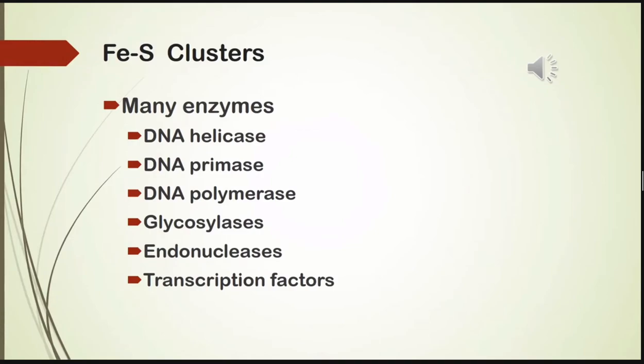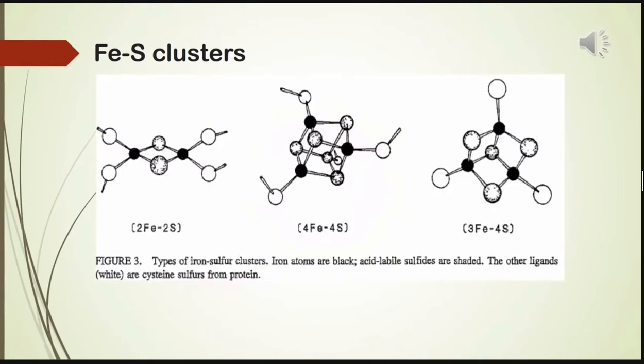Many enzymes like your DNA helicase, DNA primase, DNA polymerase, your glycosidases, and endonucleases and transcription factors would contain what we call the iron-sulfur cluster. Your iron-sulfur cluster would look something like this.